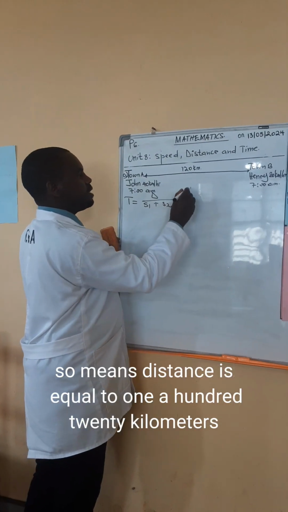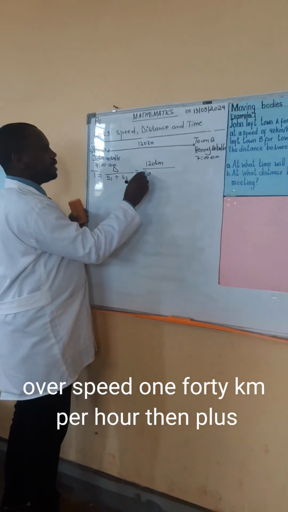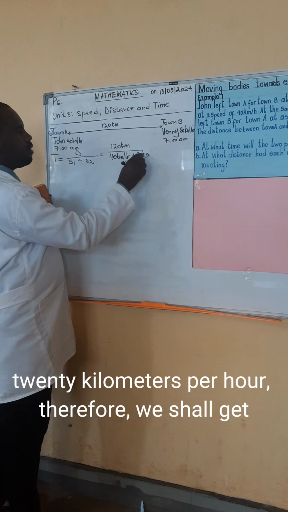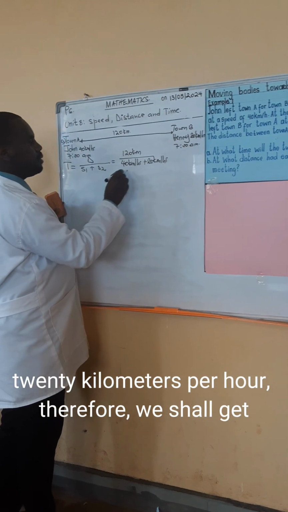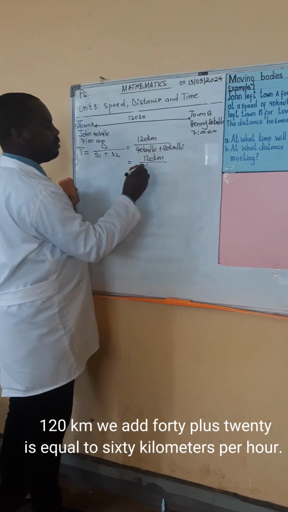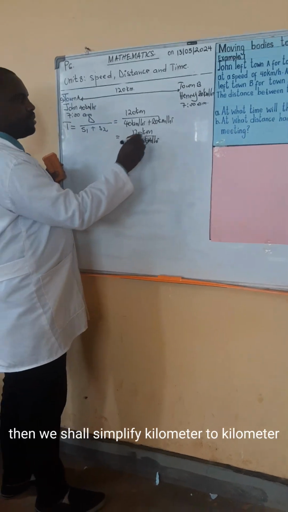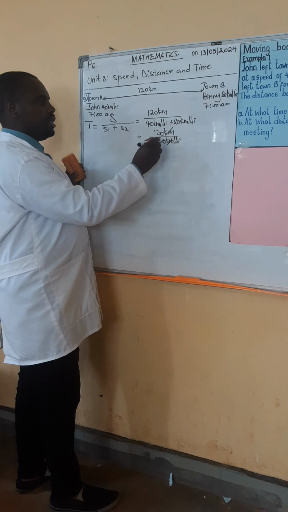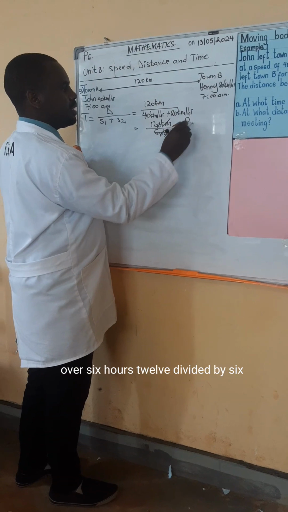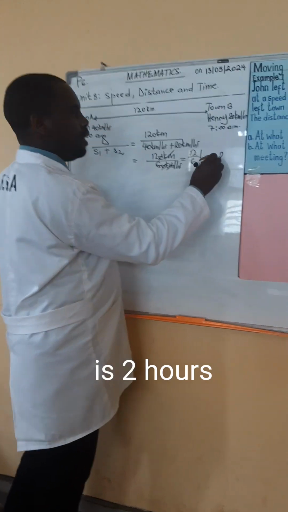So distance is equal to 120 kilometers over speed 1, 40 km per hour, plus 20 kilometers per hour. We add 40 plus 20 is equal to 60 km per hour. Then we shall simplify kilometer to kilometer. And then 0 to 0, we are remaining with 12 over 6 hours. 12 divided by 6 is 2 hours.